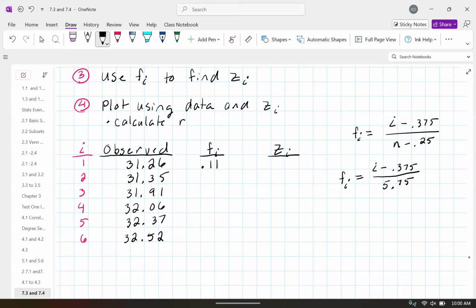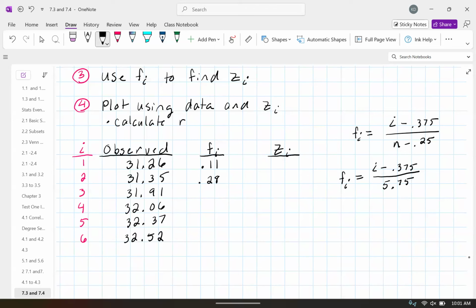The next one, 2 minus 0.375, oof, I need more caffeine today, divided by 5.75. Did I type that in wrong? No, I just have fat fingers. Okay, so I get 0.28.